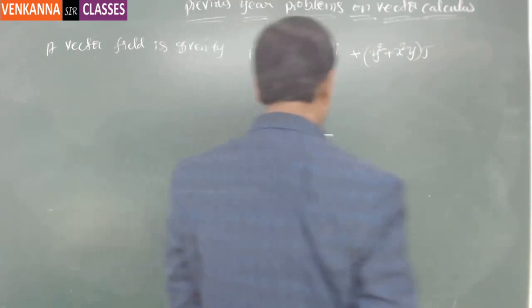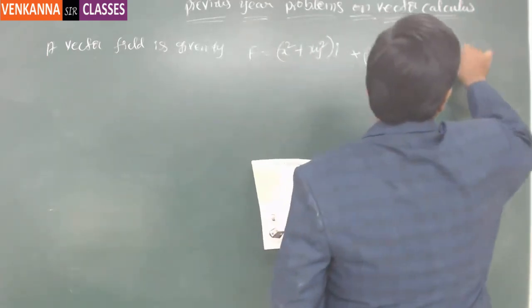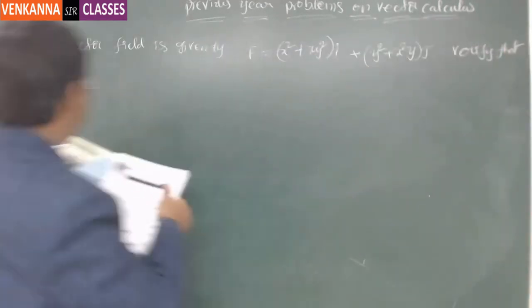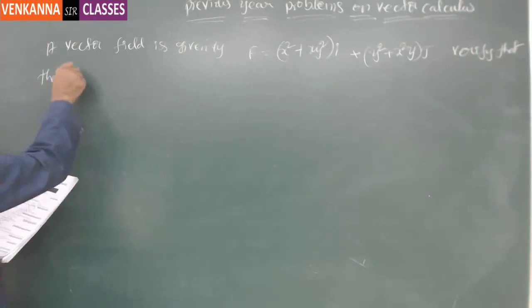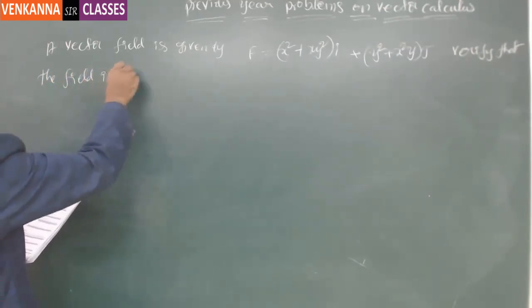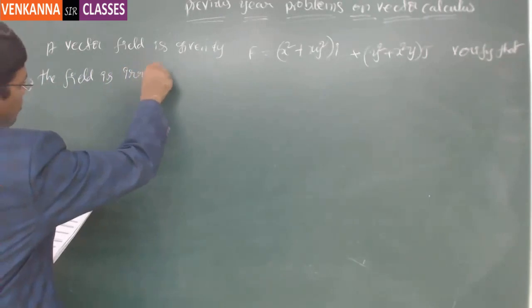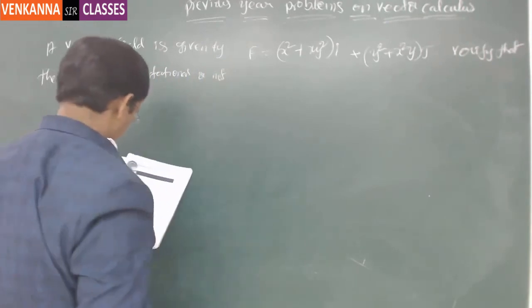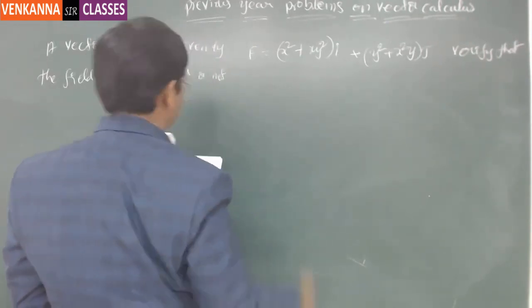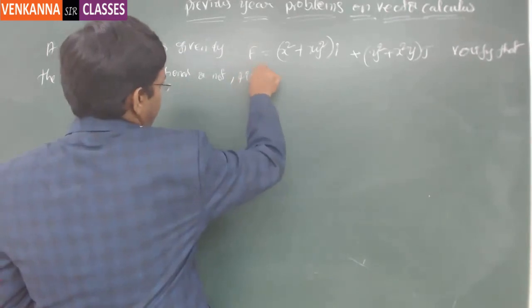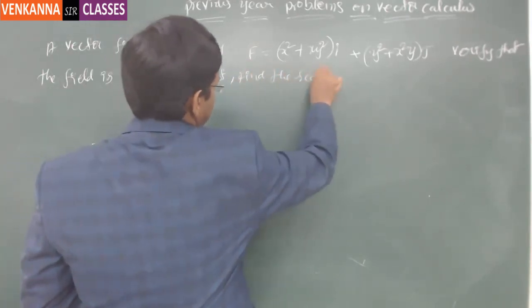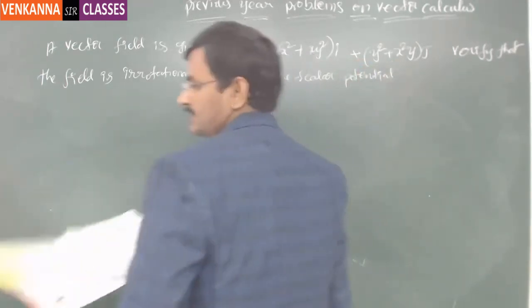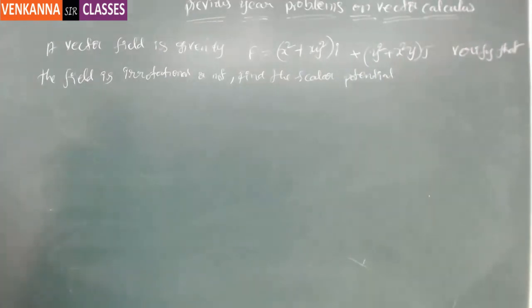Verify whether the field F is irrotational or not. Find the scalar potential. Now this is a straightforward question.